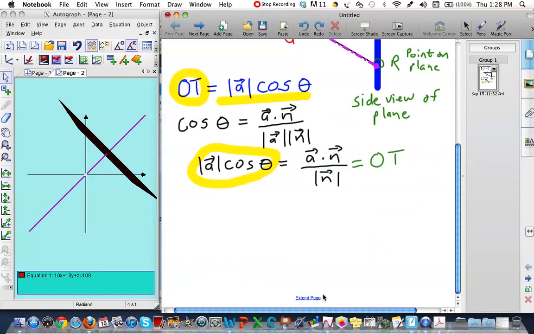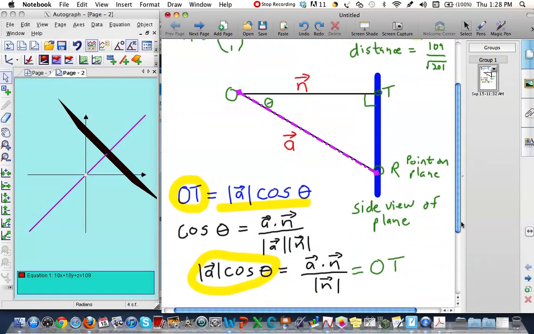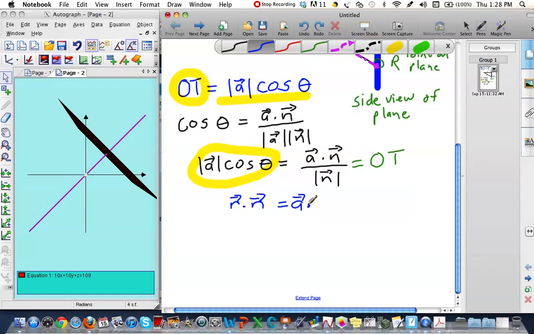And really the last piece to understand or to recall in terms of the Cartesian equation of a plane, recall that an expression for the Cartesian equation of the plane in vector form is r dot n equal to a dot n.